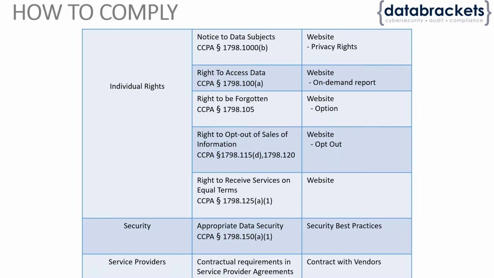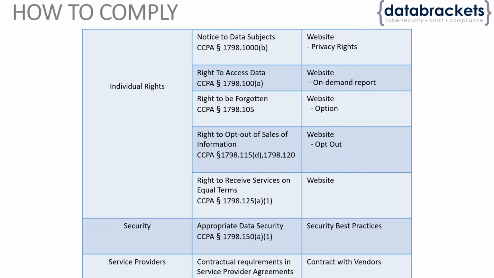To share your privacy right information, and right to access, who the data about the particular consumer, who you're sharing that information with, and where have you shared this information in the past, and other sort of things. And then all the other things that are listed in the individual rights section. So right to receive services on equal terms, this is kind of a discrimination policy or whistleblower policy that some people call it.